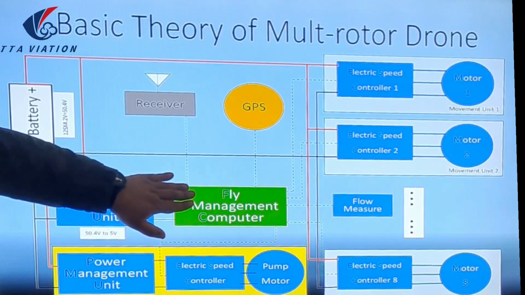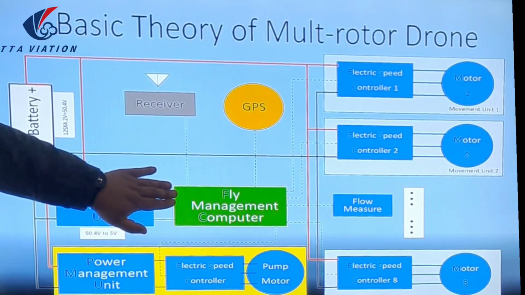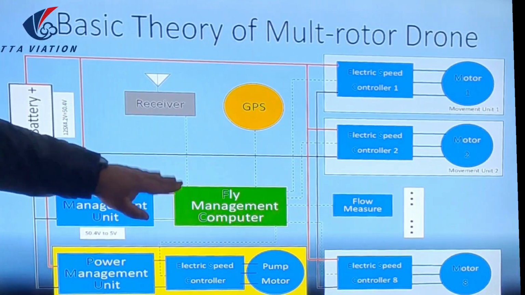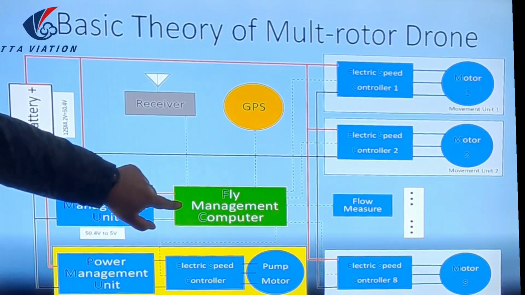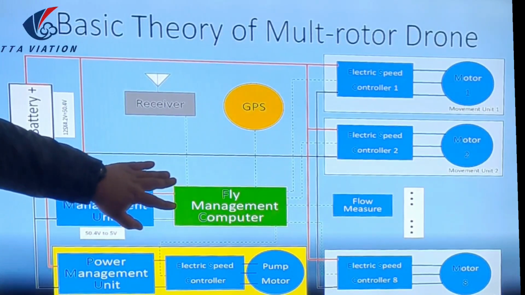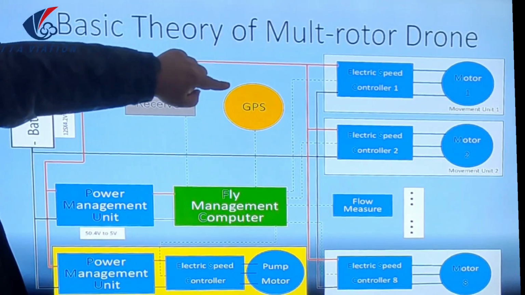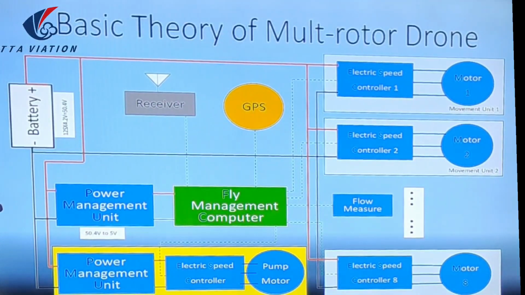This is one main function of this computer device. Another function is to use the GPS to detect and control the drone's location.